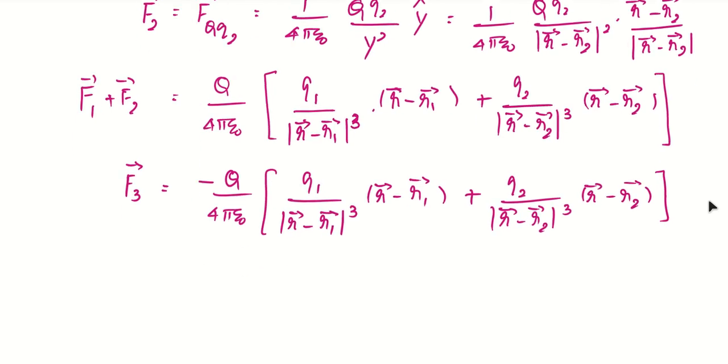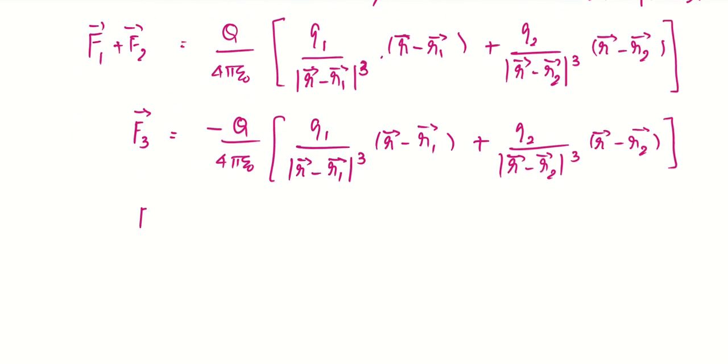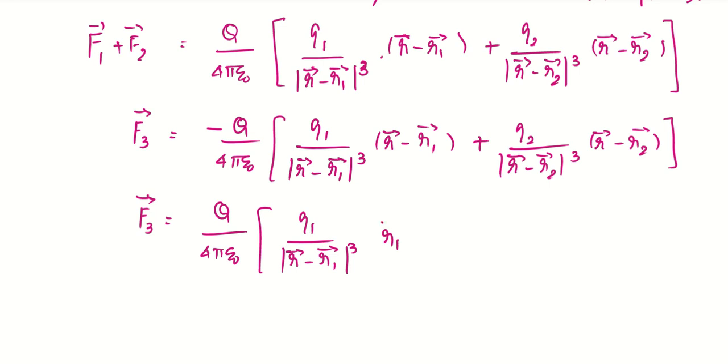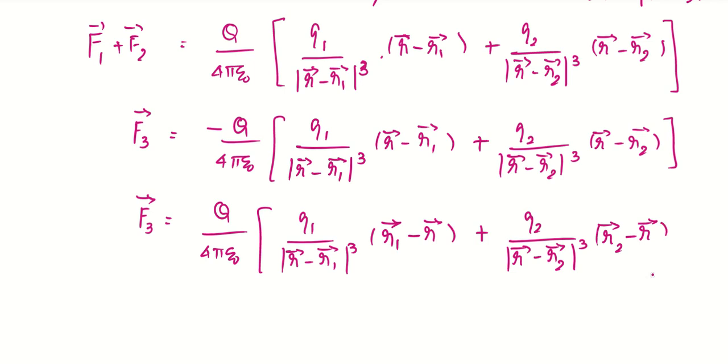This can also be written in this way: F3 vector equals, bringing the negative sign inside, Q by 4 pi epsilon naught, Q1 divided by modulus of R vector minus R1 vector cube, times R1 minus R vector, because I have brought the negative sign inside, plus Q2 divided by modulus of R vector minus R2 vector whole cube, times R2 vector minus R vector, once again the minus sign is inside.